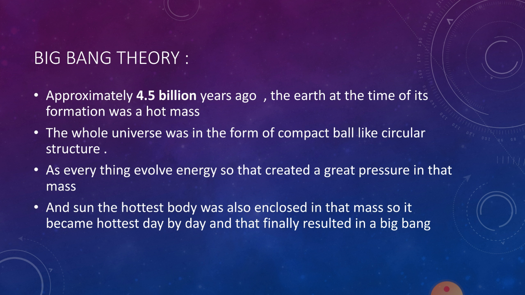We know that everything evolves heat in the form of energy. So when the energy exceeded, the ball became hotter and hotter. And one of the reasons is that the hottest body, the sun, was also present in that hot ball.